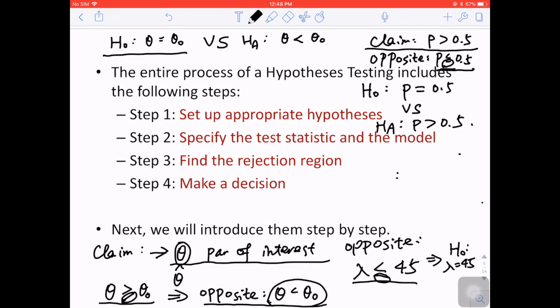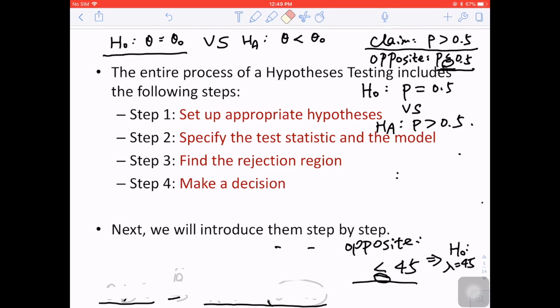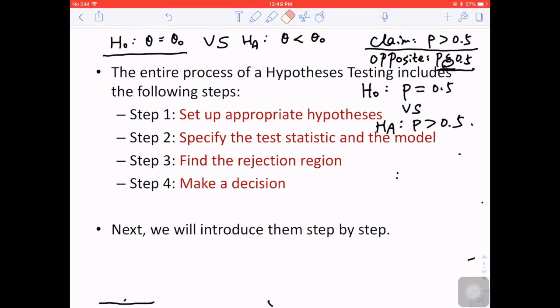So the next step, we need to specify the test statistic and the model. Okay, so what is a test statistic? All right, so I will have to make sure that we have enough space to write it down.